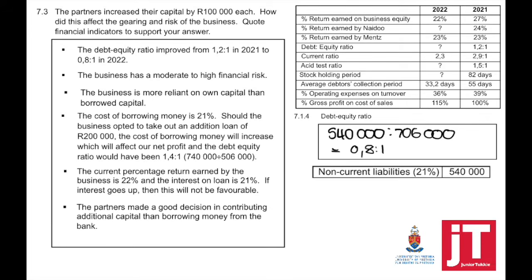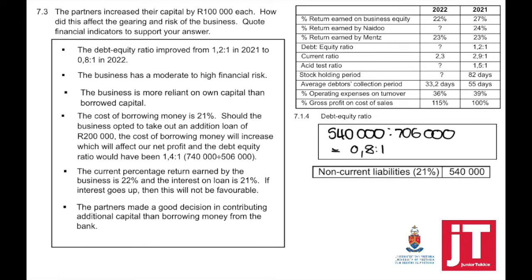How did that affect the gearing and risk? So if the partners had opted for borrowing additional money, then their owner's equity would have been 506,000 and the non-current liabilities would increase to 740,000.